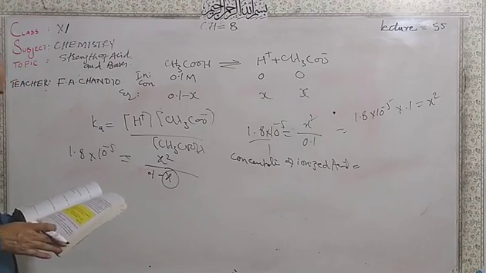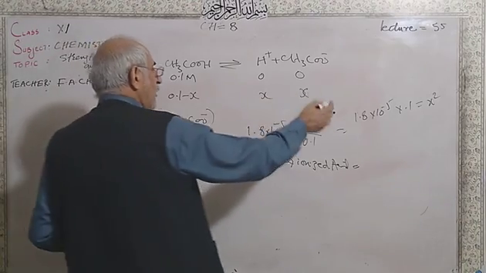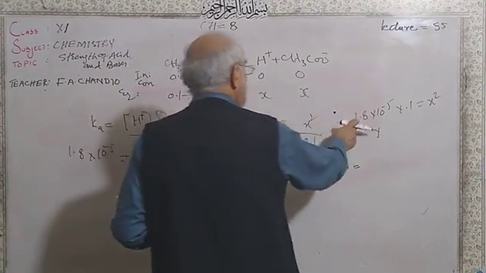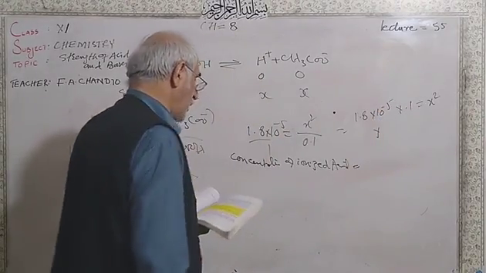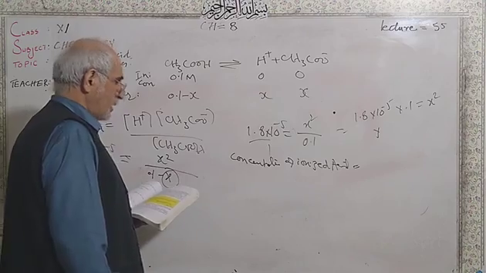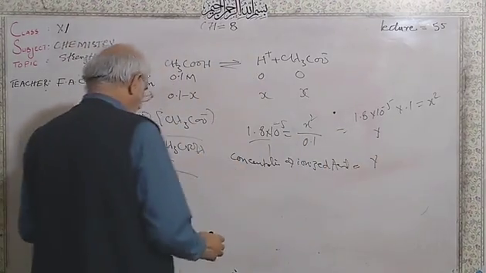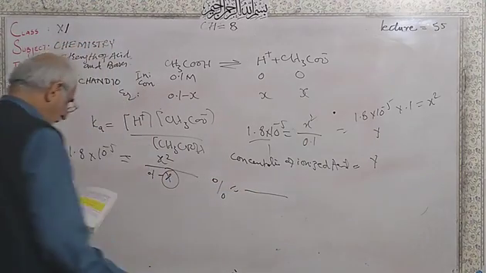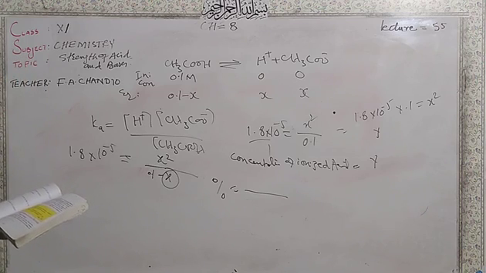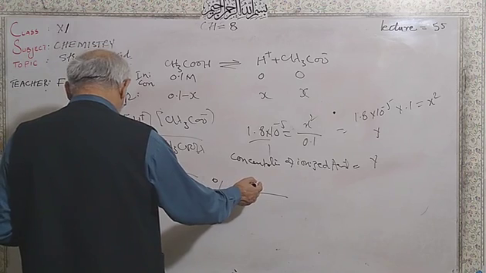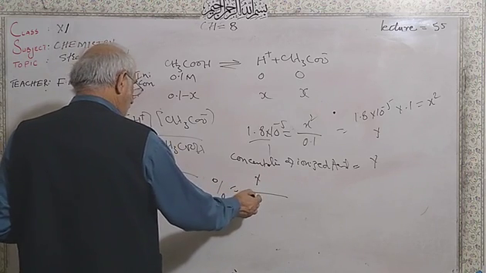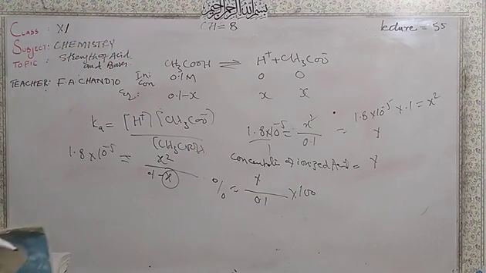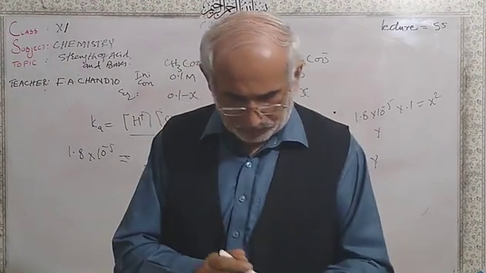Suppose this is y. The percentage of ionization is the concentration of ionized acid, y, divided by the original concentration, 0.1, multiplied by 100. So you will be able to calculate the percentage of ionization.